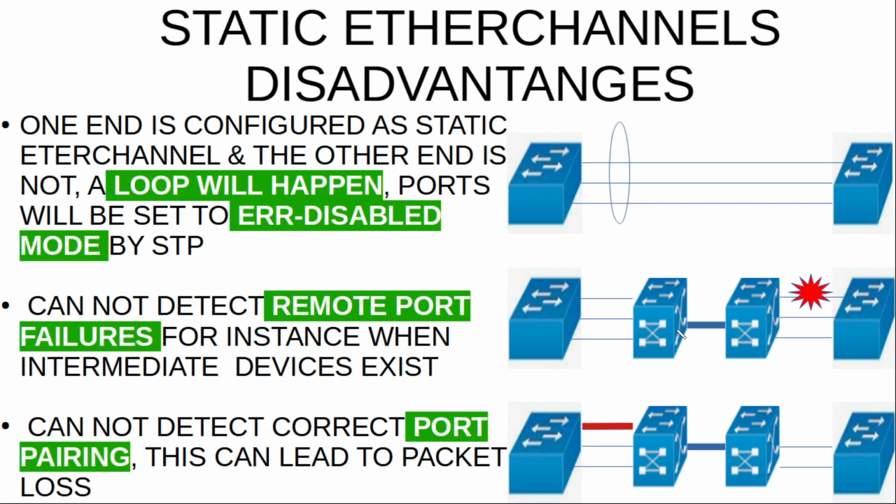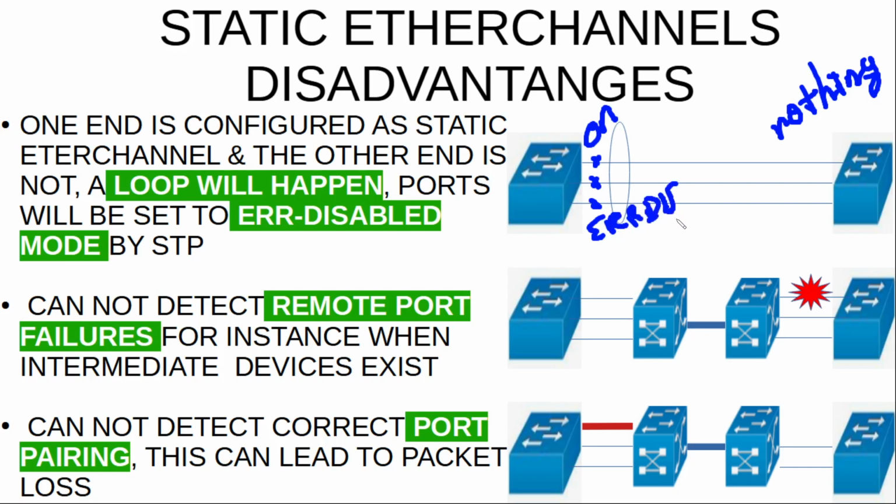So these are what the disadvantages of using static EtherChannels are. Mainly, if you configure a static EtherChannel on one side and no EtherChannel on the other side, spanning tree will be aware of that, and it will set your interface in error disabled.